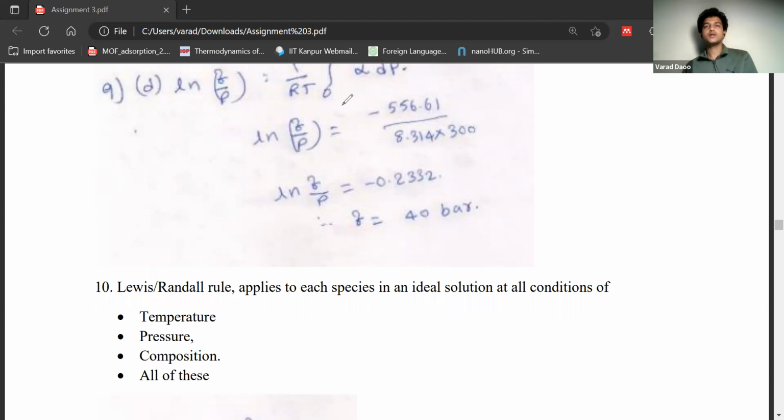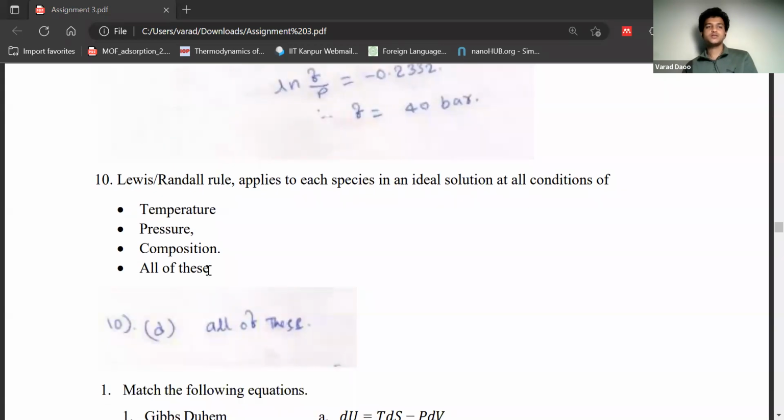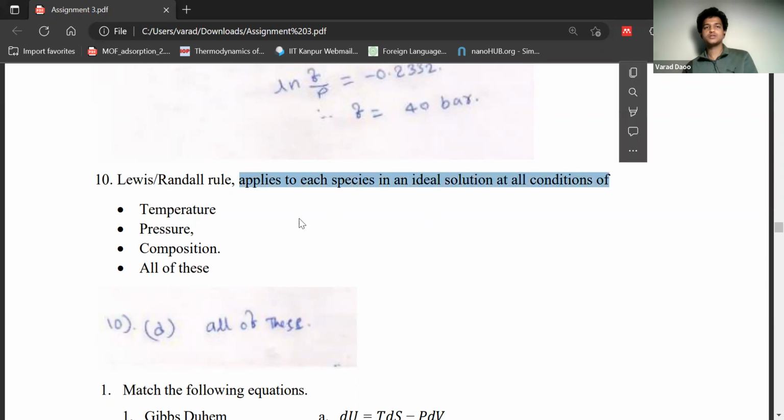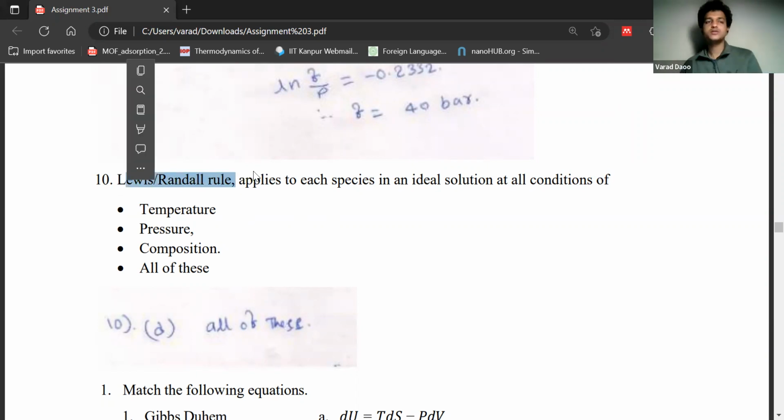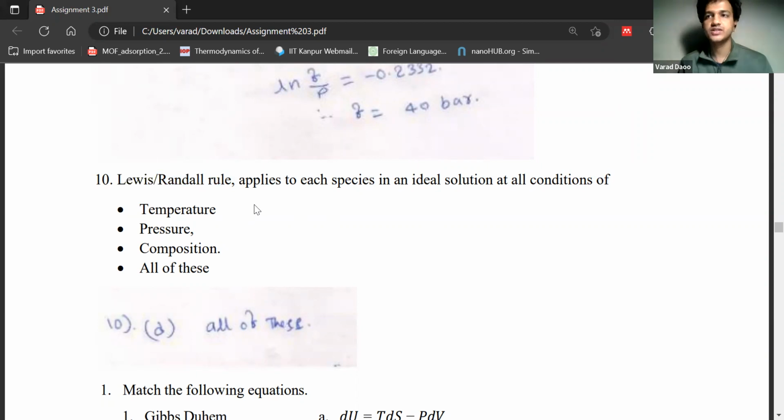So anybody would like to try? Answer is this, all of this. Okay. Guys, this is a very conceptual question. I will not give the reason for this. If you have any difficulty in this question, you can ask, or you can just go back to your textbook and read what is the Lewis-Randall rule.